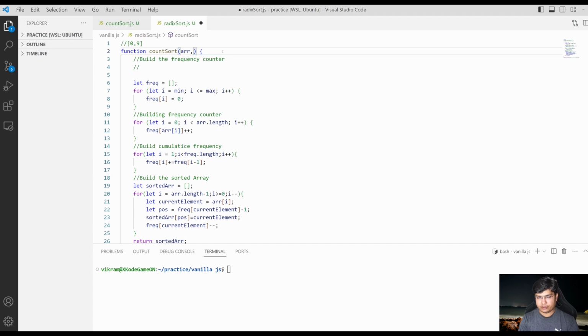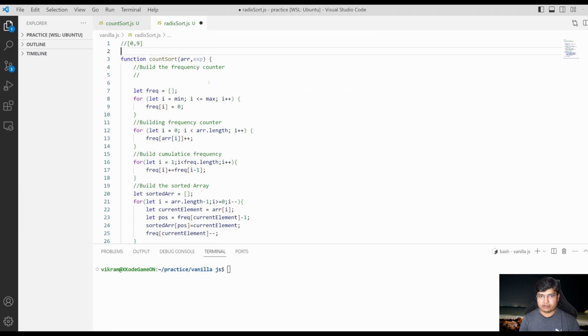I will not accept the range anymore. Instead I will replace it with the exponent. So this exponent variable is a representation of which iteration it is on, and based on that which place value or which digit it is supposed to extract. In our case the exponent value would vary from 1, 10 till 100 in the previous example.